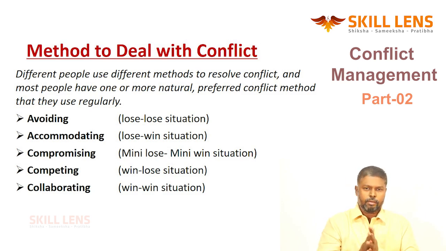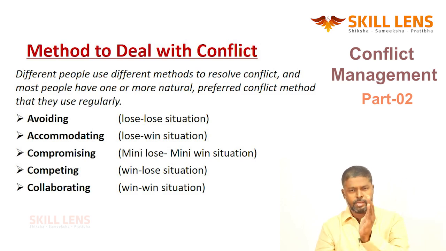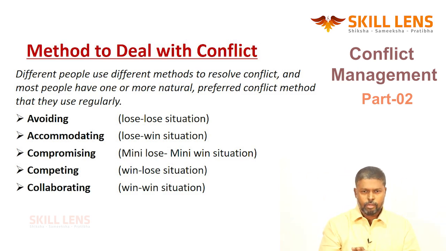The last one, or the best one actually, is called collaborating, a complete win-win situation. In a win-win situation, as much as I'm being assertive, I'm also being cooperative. So I repeat: avoiding, accommodating, compromising, competing, and collaborating.